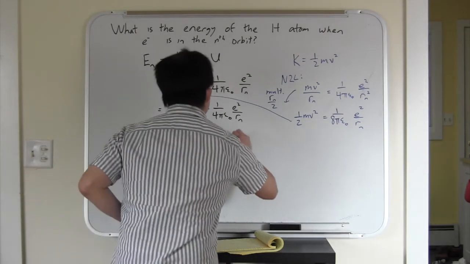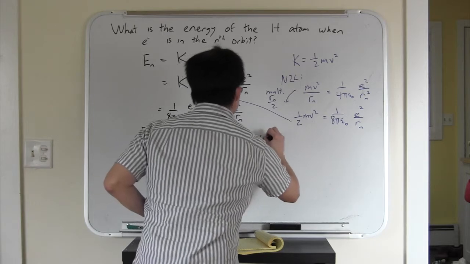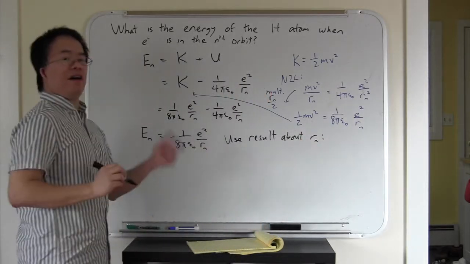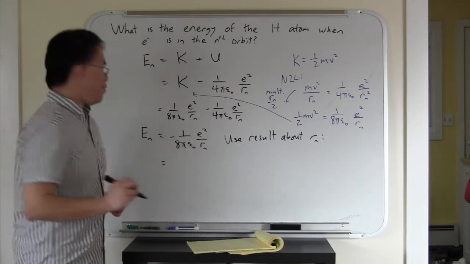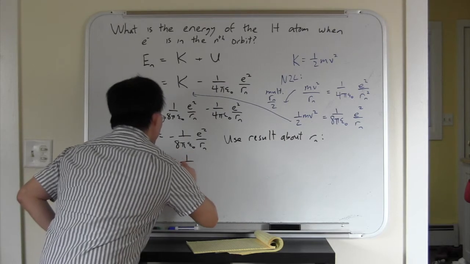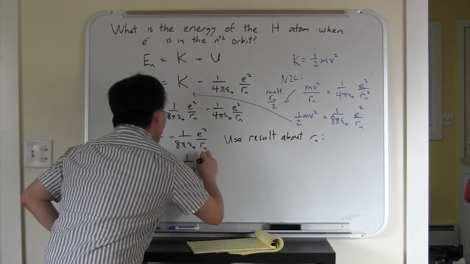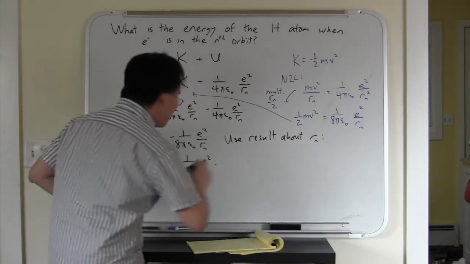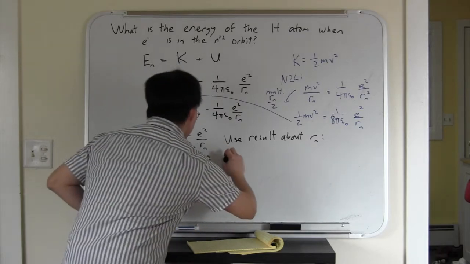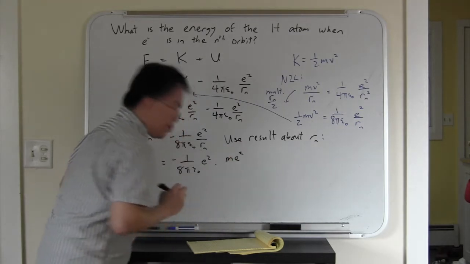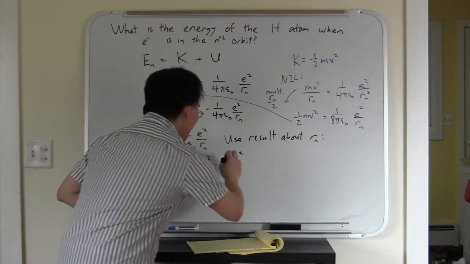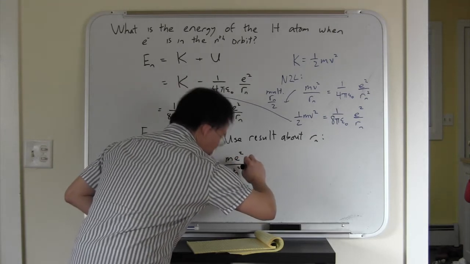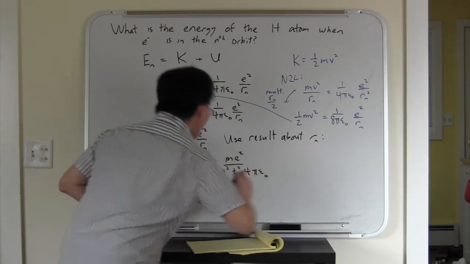So now use the result about the radii, and if I plug all of that in, we have a minus 1 over 8 pi epsilon naught e squared, and then we have r sub n from last time, so 1 over that will give me an m e squared upstairs, and an n squared h bar squared, 4 pi epsilon naught.